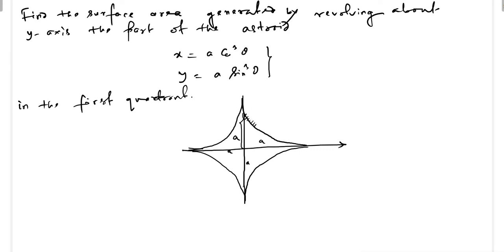If you rotate this portion of the curve around the y-axis, you will generate a surface. The surface will be a three-dimensional surface, and the question is, you need to find out the surface area.